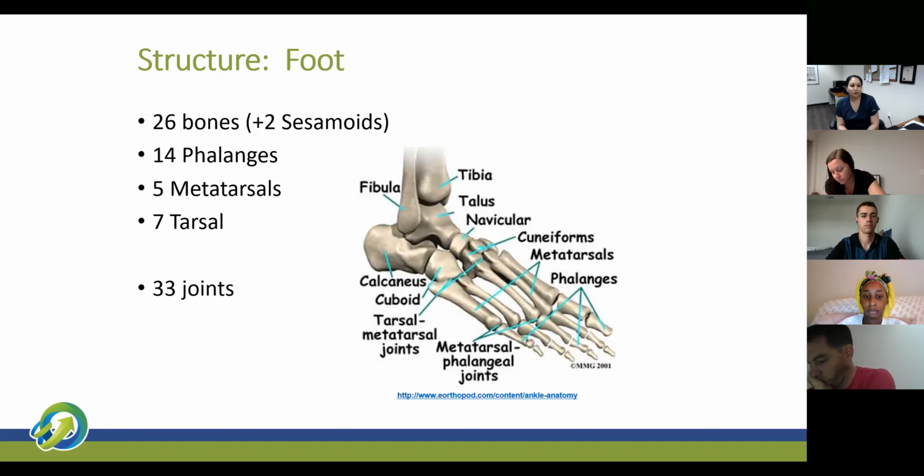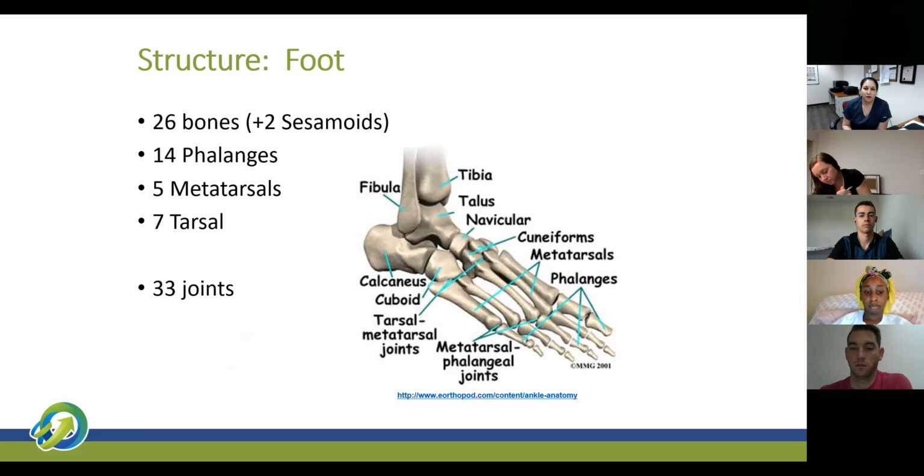I'm not going to put it on the next slide yet, so I'm just going to ask you, what bones make up what we consider the hindfoot? Tarsal and calcaneus. Right, and that's mostly our subtalar joint. And what bones make up the mid-tarsal joints?